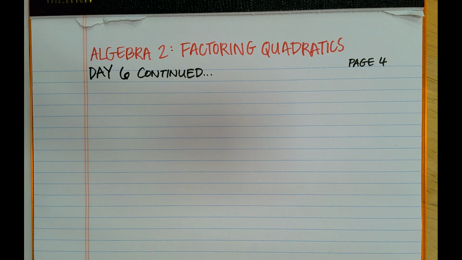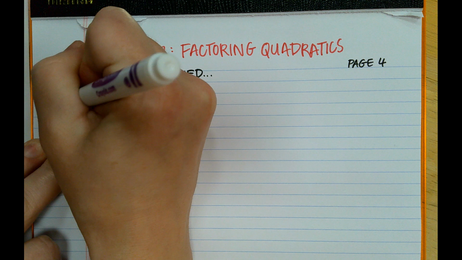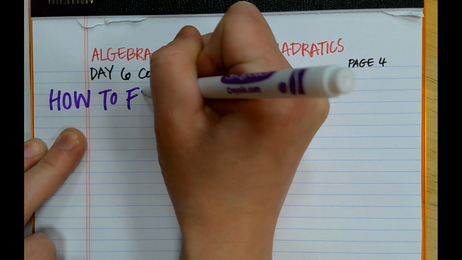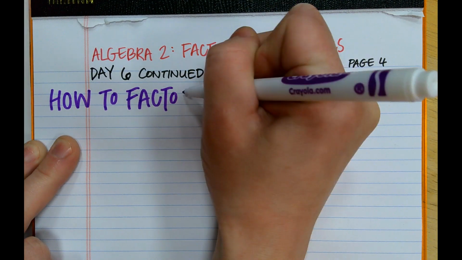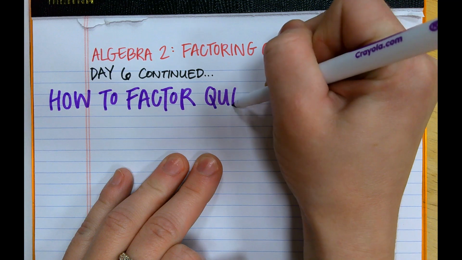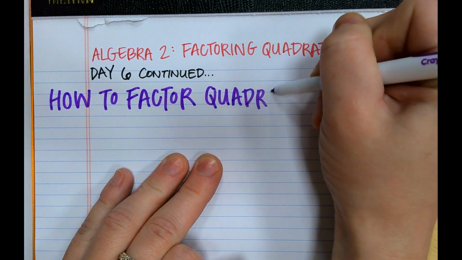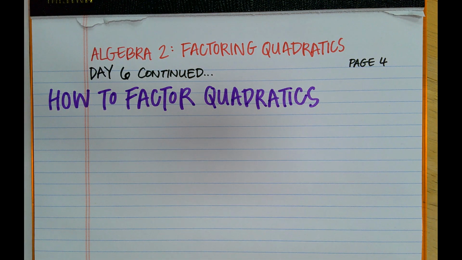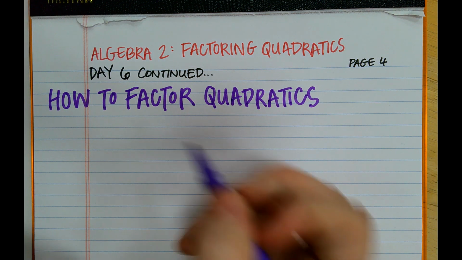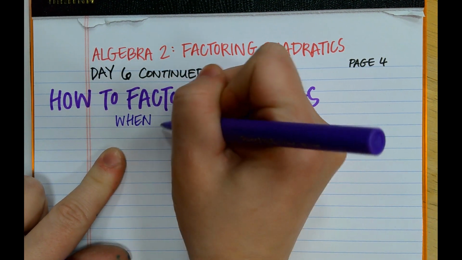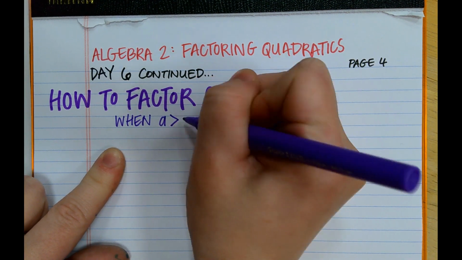And I'm going to call this how to factor quadratics, and my little subtitle is going to be when A is greater than 1.